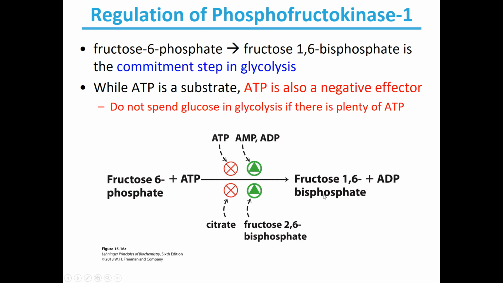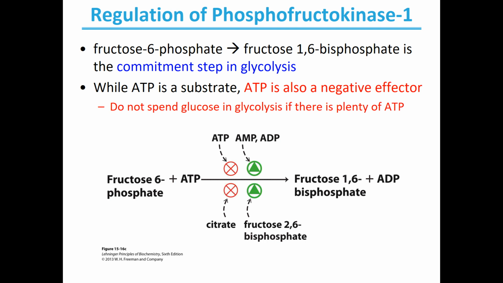Now looking at regulation of PFK1. PFK1 is activated by AMP and ADP. AMP and ADP tell the cell that glycolysis is needed, so it activates the flow through glycolysis. ATP is the opposite. It tells the cell that we do not need to produce ATP, so the presence of ATP will slow glycolysis.